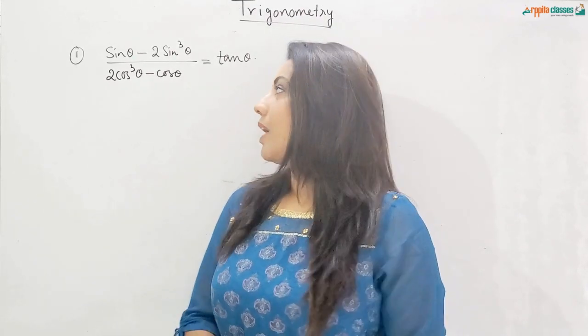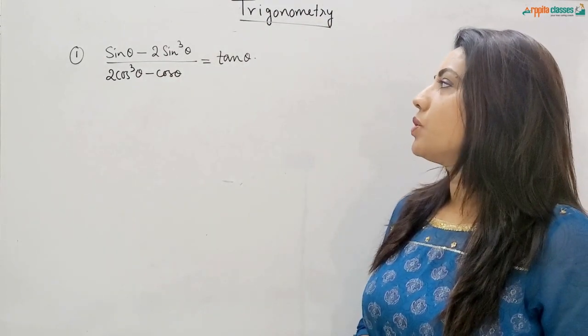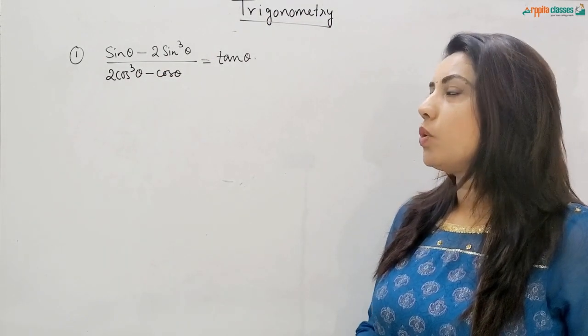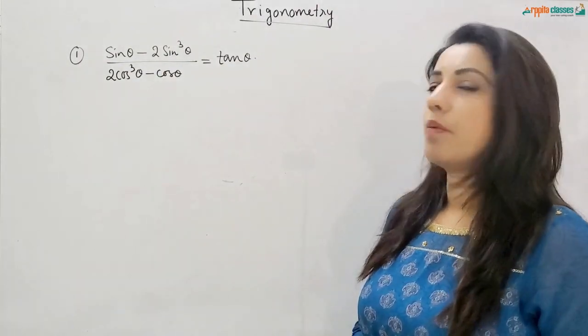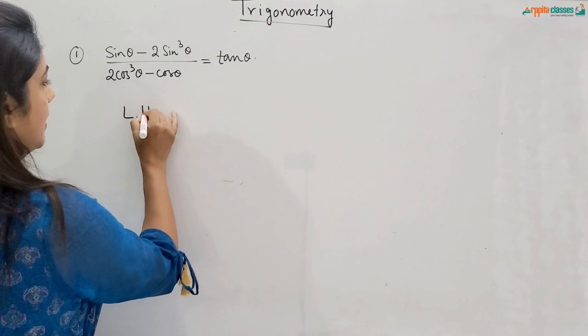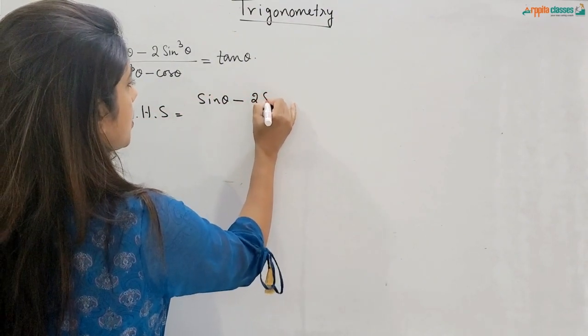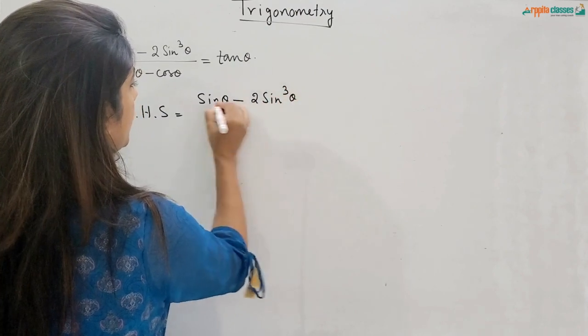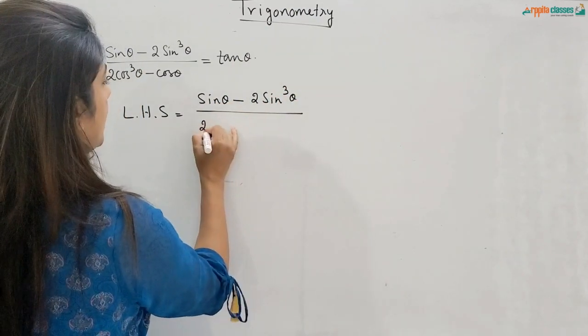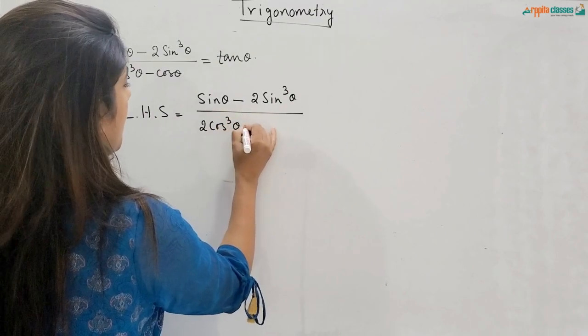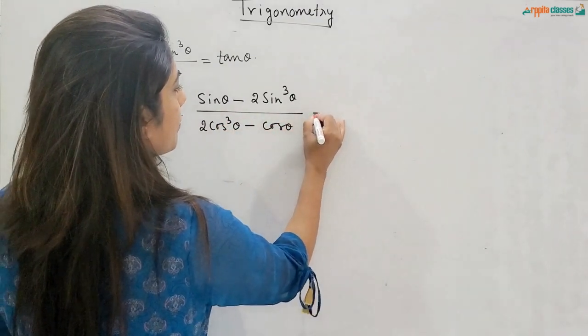Let's start. The first question is (sin theta minus 2 sin cube theta) divided by (2 cos cube theta minus cos theta) is equal to tan theta. So let us start with the left hand side. In the numerator we have sin theta minus 2 sin cube theta, divided by 2 cos cube theta minus cos theta in the denominator.